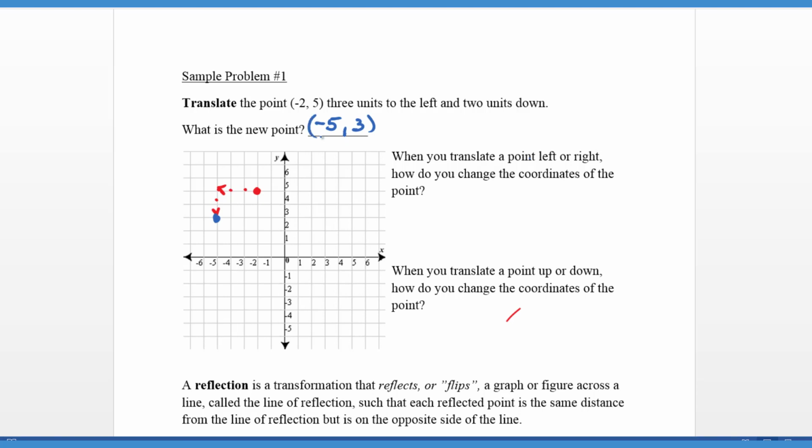When you translate the point left to right, how does it change the coordinate on the point? Well, when we do left to right, it actually changes the x values. And then when we translate the point up or down, this actually changes the y values.